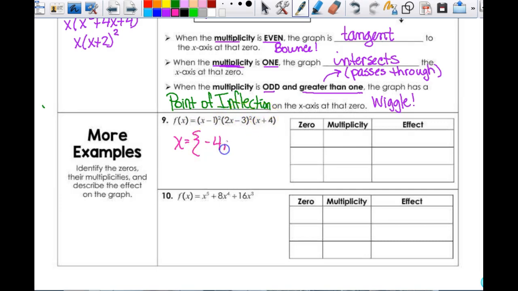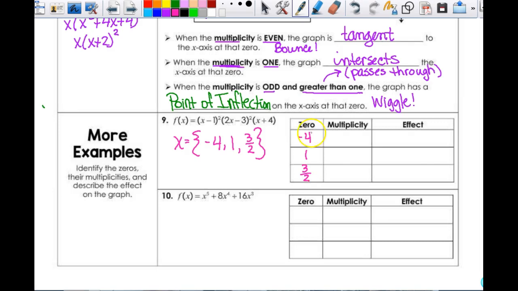Oh, not negative 1, dang it. Negative 4, positive 1, and a positive 3 halves. So our zeros are negative 4, 1, and 3 halves.